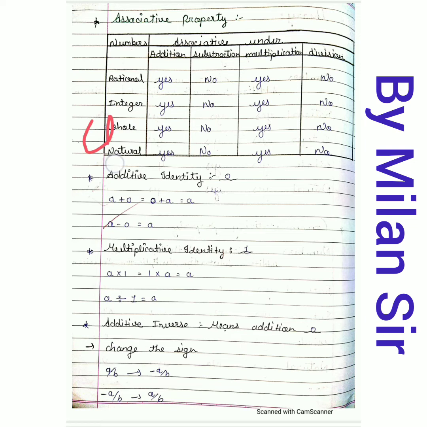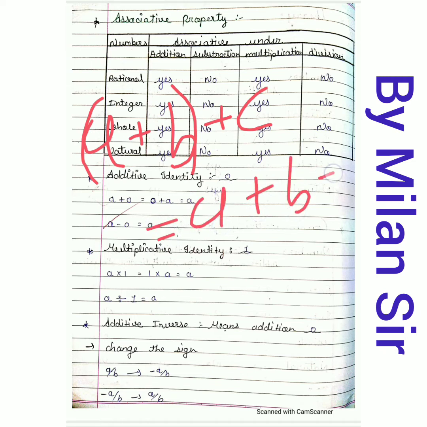That means here we have three numbers A, B and C. Let's suppose we have the addition process, then first of all we solve A plus B, then we add C. And the same thing, first of all we solve B plus C, then we add A, and if we get the same answer, then the addition process is associative.